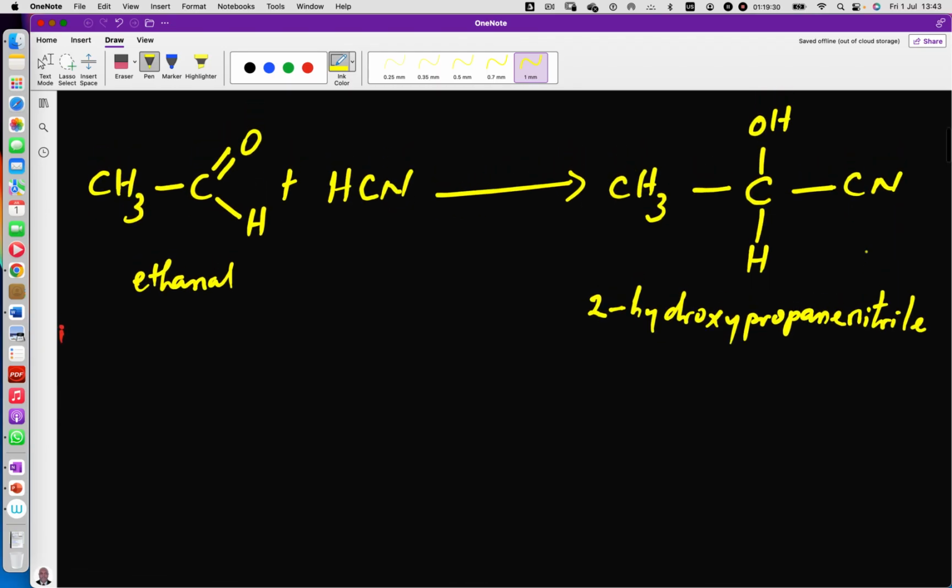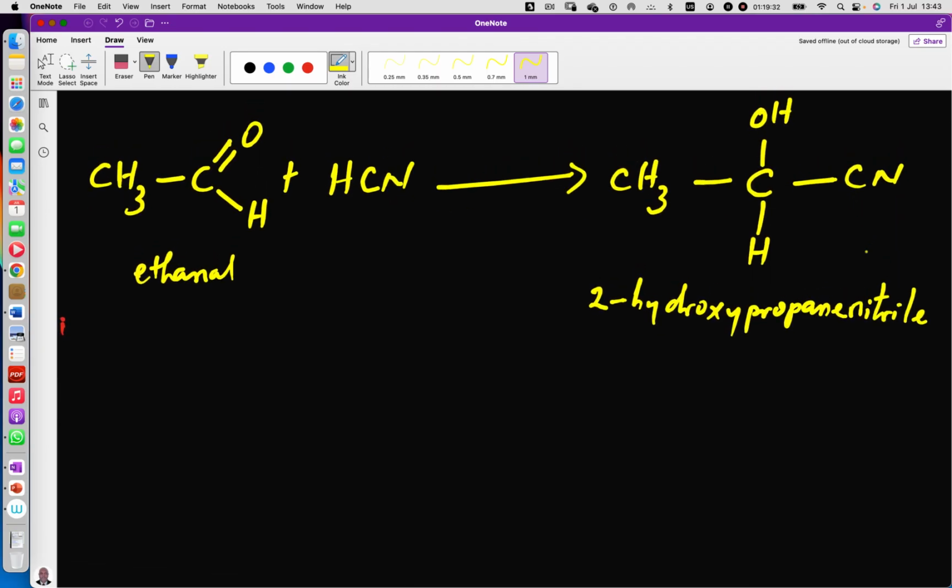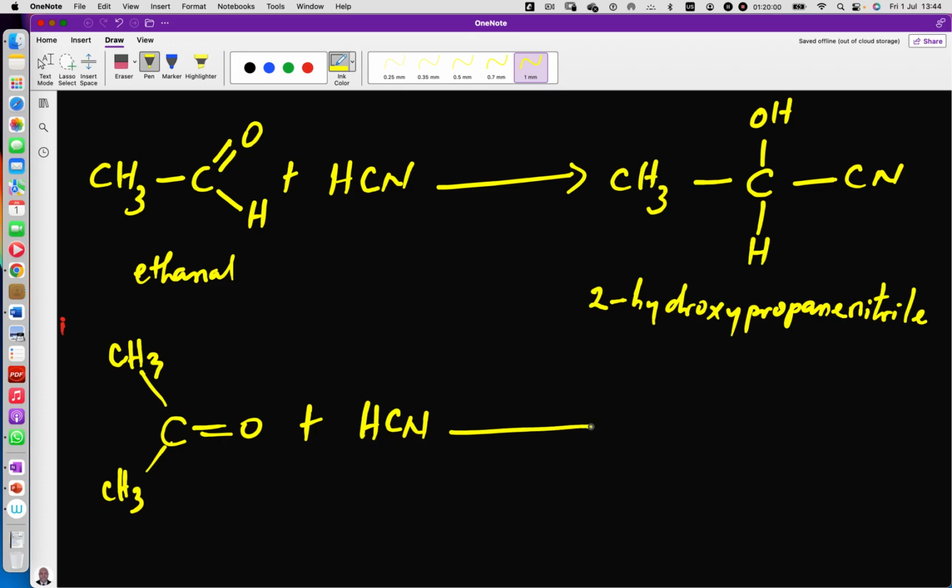If we were to react propanone, for example, as a ketone with hydrogen cyanide, propanone will be in this way: CH3, C, CH3, plus hydrogen cyanide.